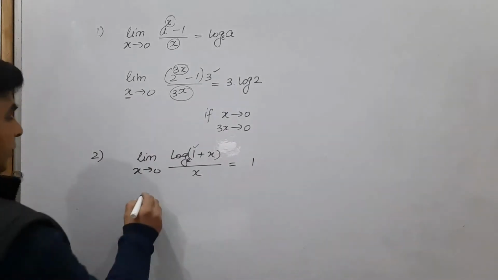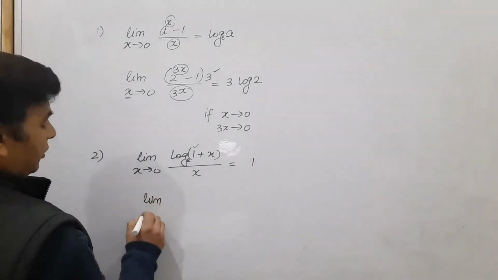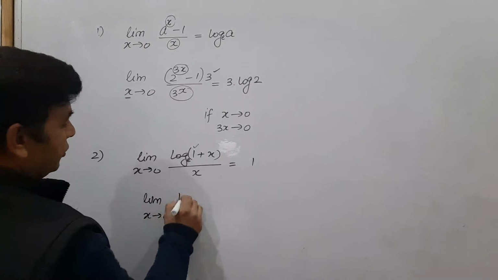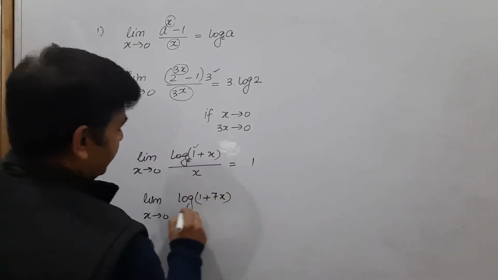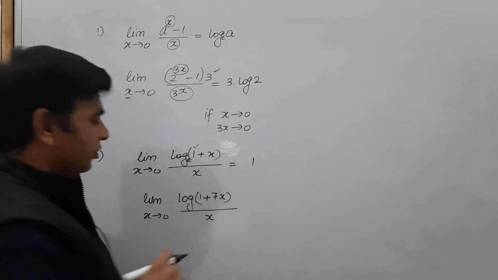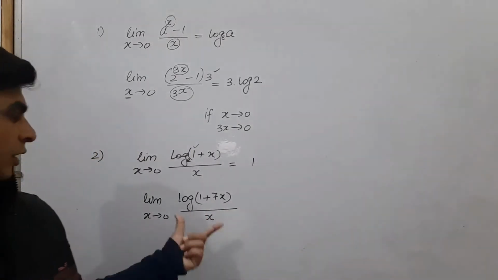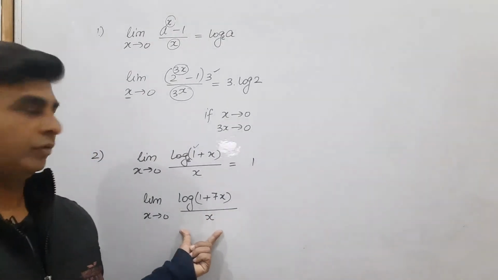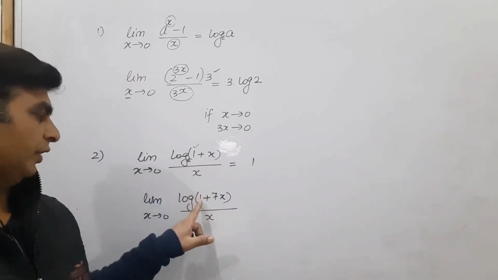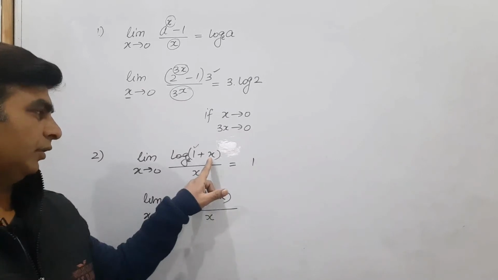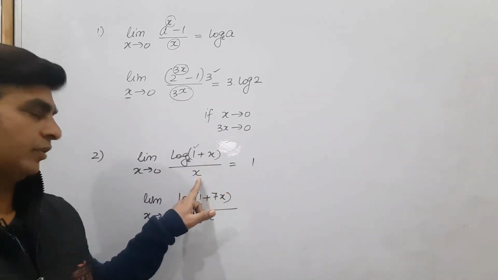For example, if limit x approaches to 0 of log of (1 plus 7x) upon x, then what will the answer of this question be? Compare this question with the standard formula. We have 1, no problem, 1 is there, plus, but this is x, then there should be x in the denominator.